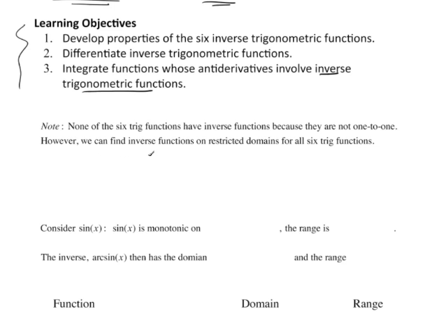So consider just a moment, say, sine of x. So here's sine from negative 2 pi to 2 pi. Notice clearly this is not one-to-one.